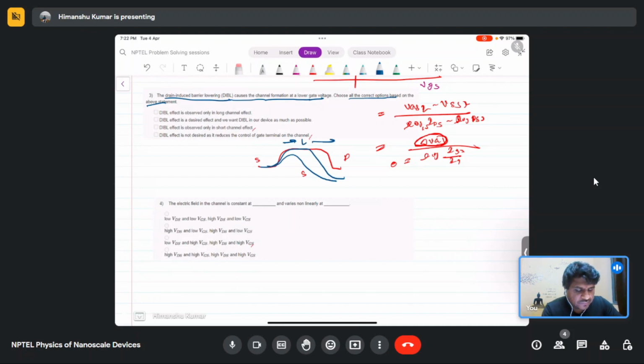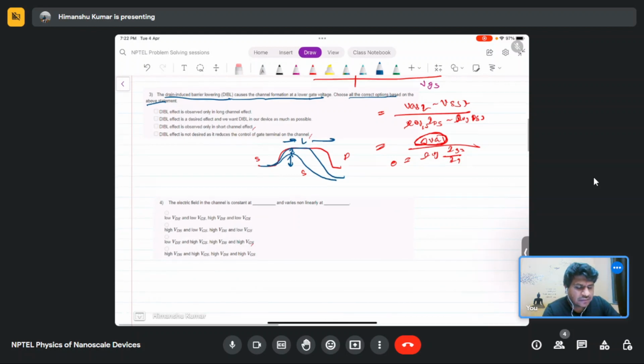What is the impact of this? Since this barrier is already reduced, you need a small gate voltage to turn on the device, or turn the device into the saturation region. Ideally, getting the device on at lesser voltage should be good, but that is not the case.